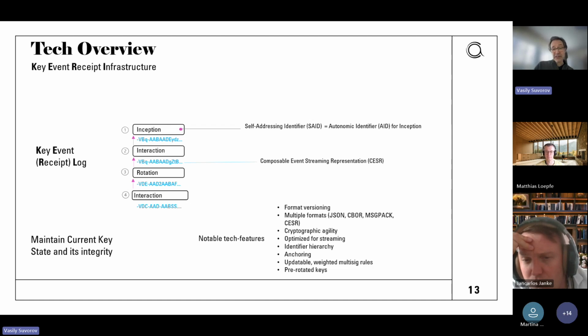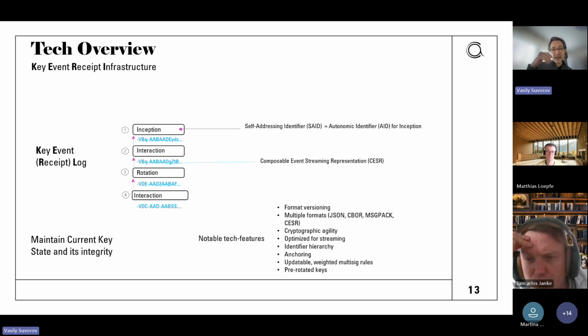You have cryptographic agility. That's very important. As we look at the events themselves, basically we represent the hashes and the signatures with a code, which means that for the next event, when we rotate the keys, we can start using a different algorithm, and nothing changes, right? Essentially, we're just starting to use a different algorithm, and that's it, right?